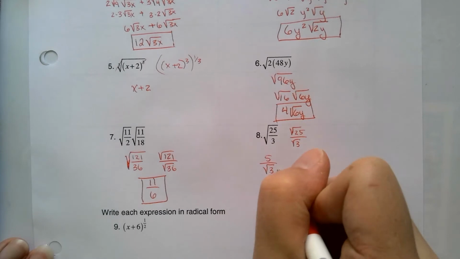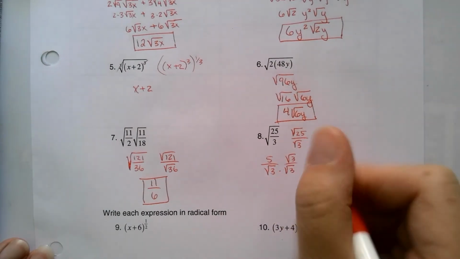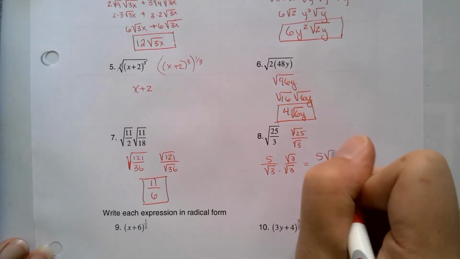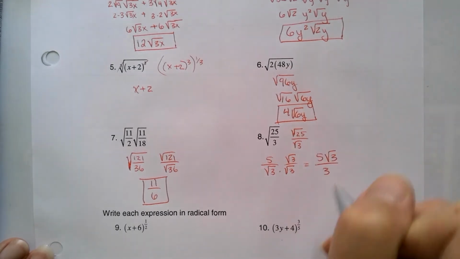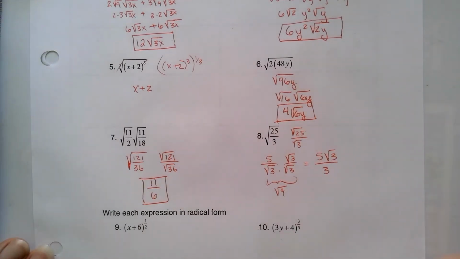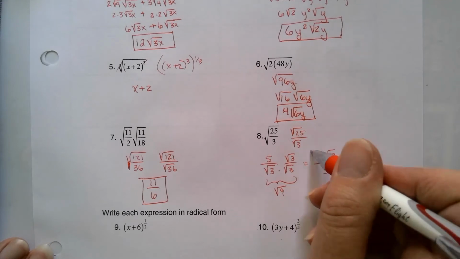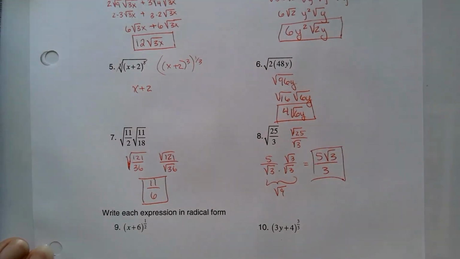So we need to multiply it by the square root of 3, top and bottom. So multiplying by 1, and the top is 5 square roots of 3, and the bottom is just 3. Again, that comes from the square root of 9, which becomes 3. Last thing to double check, anything I can break down, anything I can reduce, and that is as simple as it gets. All right, so again, these were all prior knowledge problems, and we're continuing with the review.